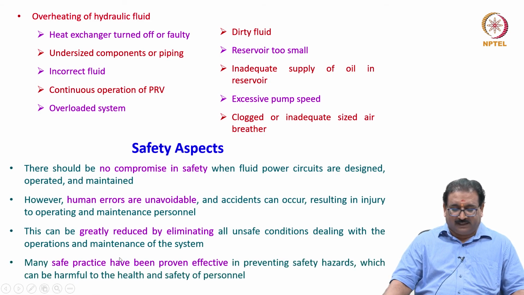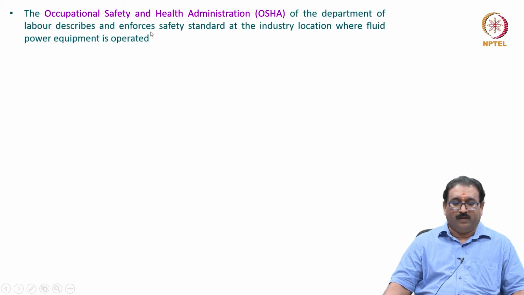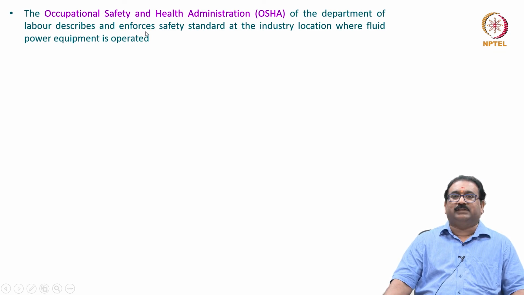Many safe practices have been proven effective in preventing the safety hazards which can be harmful to the health and safety of personnel. The Occupational Safety and Health Administration, briefly known as OSHA, of the Department of Labor describes and enforces safety standards at the industry location where fluid power equipment is operated.